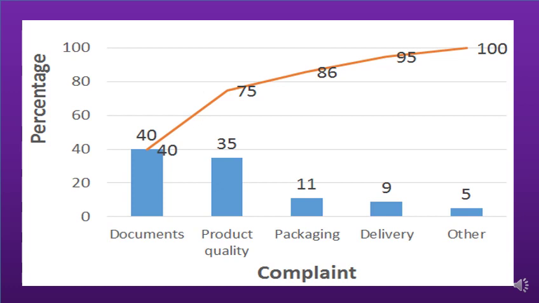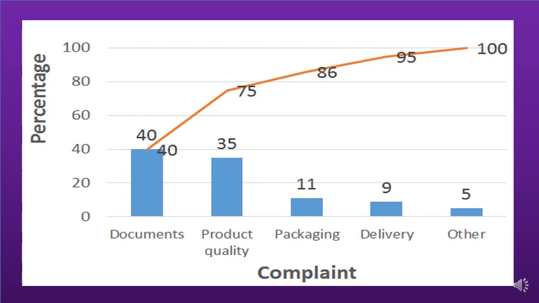You have your tallest bar on the left, so your most common complaint, which is relating to documents, and then down to the shortest bar on the right hand side. 5% are attributed to other types of complaints, so ones that are not delivery, not packaging, not product quality, and not documents. Okay, and that line we have, that goes upwards, cumulative totals.